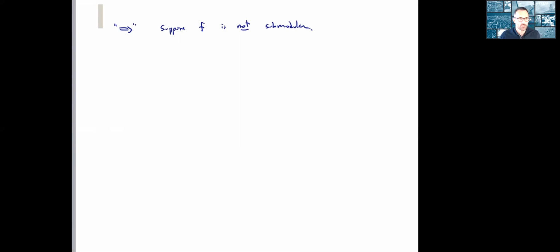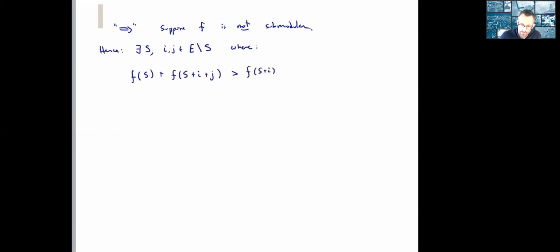So f not submodular means that there exists a set S, and there exist elements i and j that belong to the ground set but aren't in S, but where we have that f of S plus f of S plus i plus j is bigger than f of S plus i plus f of S plus j.